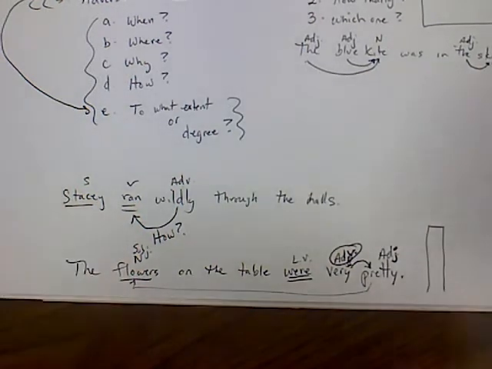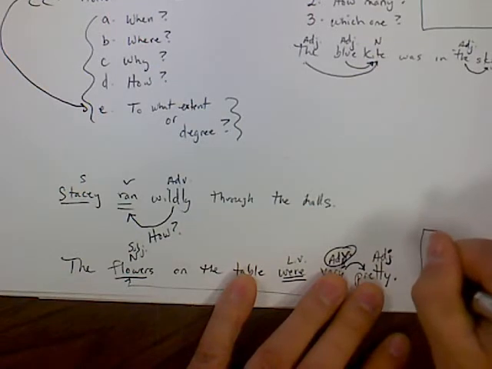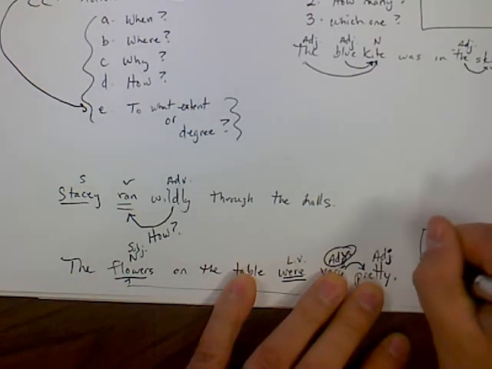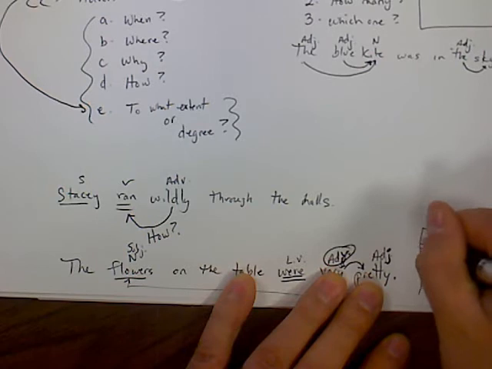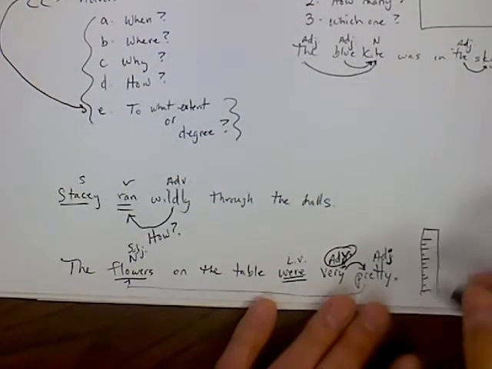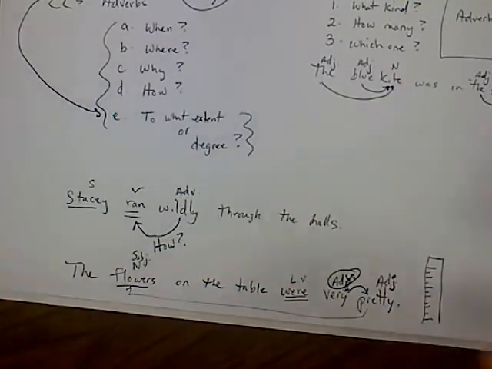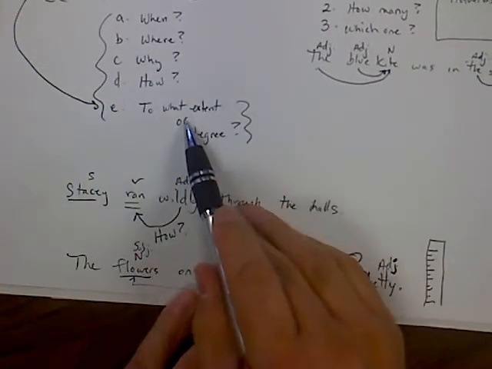Okay, now don't think of thermometer in its actual context. A thermometer measures heat, right? Okay, a barometer measures air pressure, if I recall. There's always some sort of gauge that we could measure a degree or an extent, how much something is taking place. And that's what this question is all about.